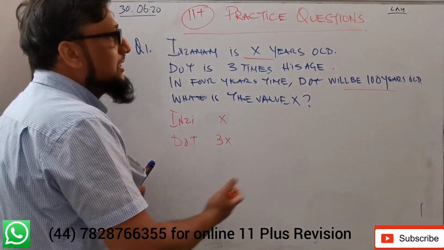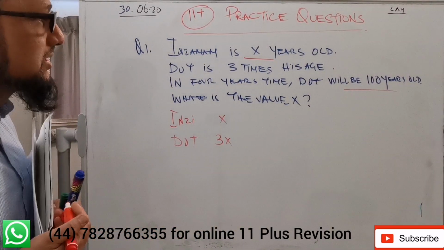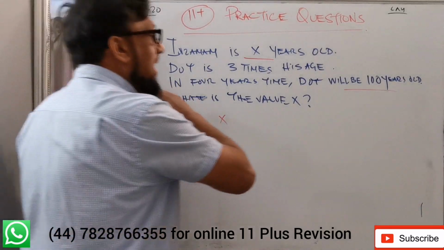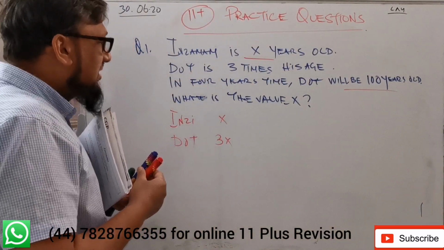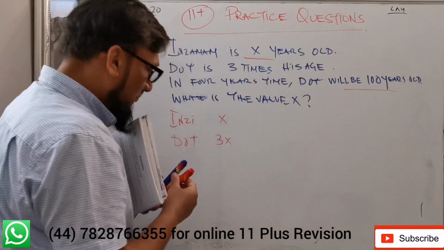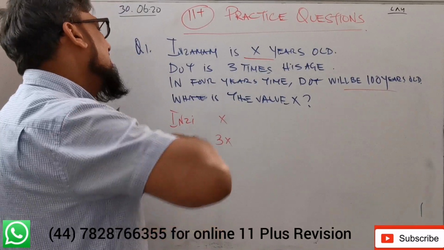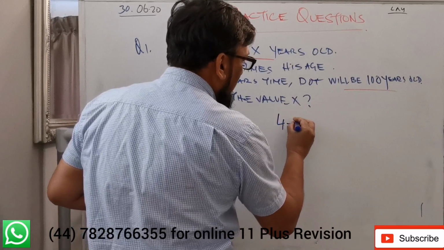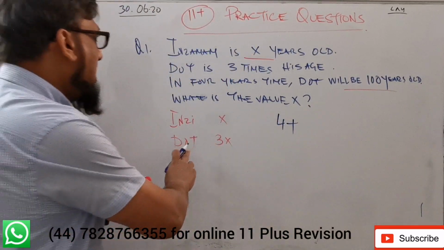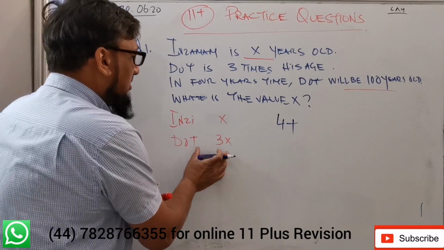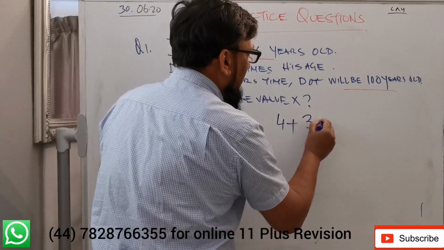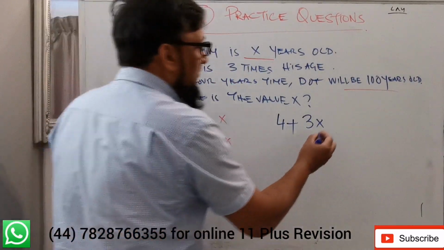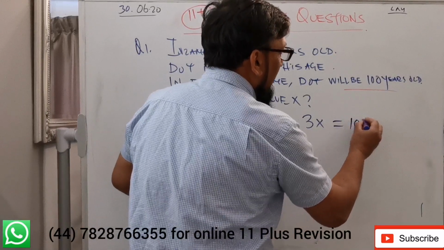What I'm going to do is make an equation to find the value of X. In 4 years' time means 4 plus the age of Dot, 3 times X, which is equal to 100 years old.